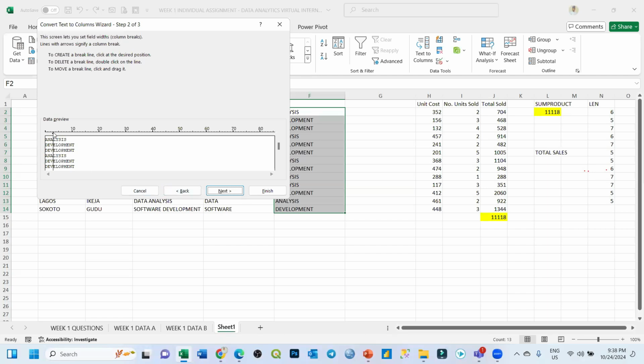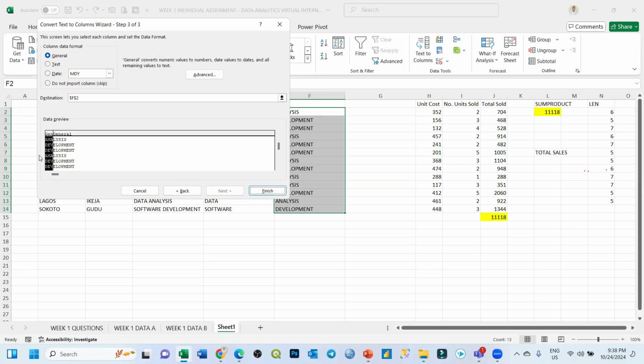So if I come here and click with my mouse, you see, it creates that line for me here, because that's what it's going to do for us. Then you click next. And this is exactly how I want it to be: AN to be separate, and also what this particular list is to be separate. So I will delete this also, and I want it to be here. Then I will click finish.